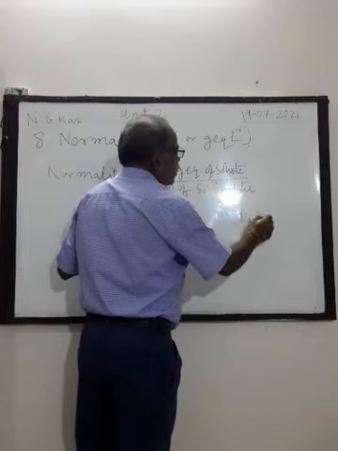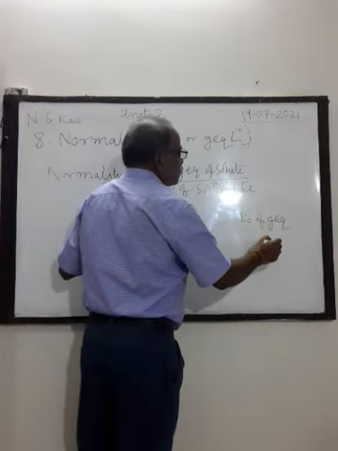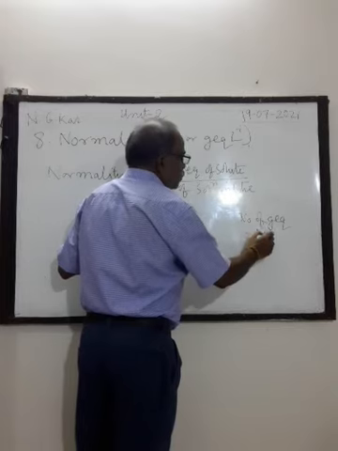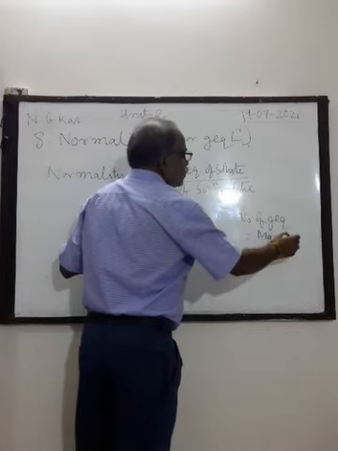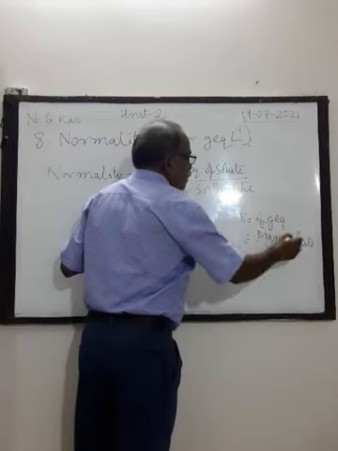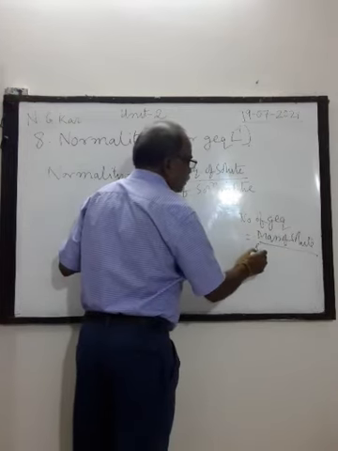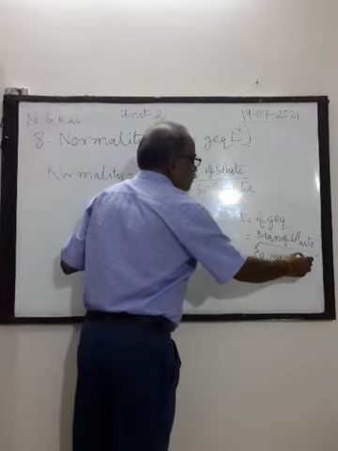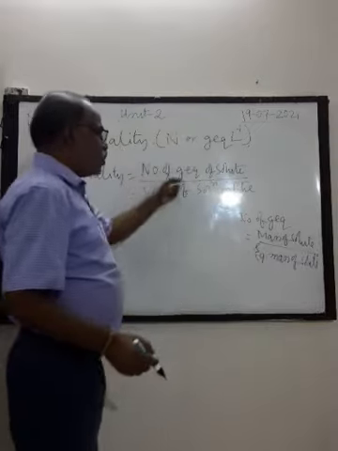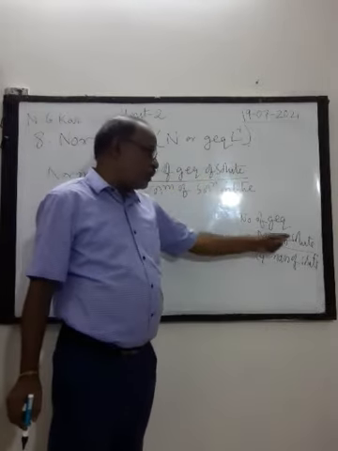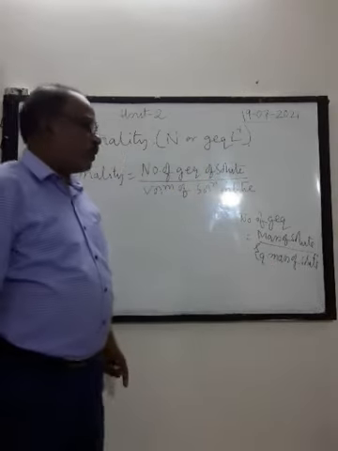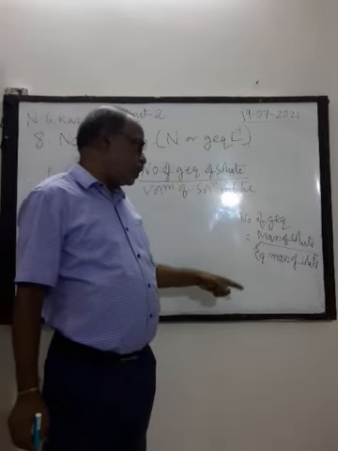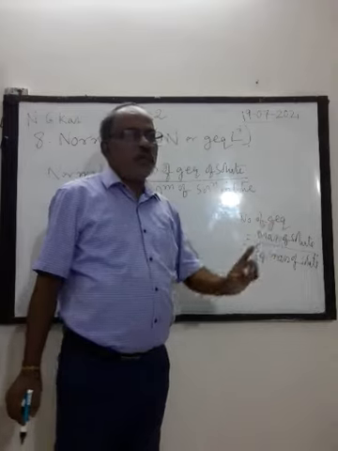Number of gram equivalent equals mass of solute divided by equivalent mass of solute. So number of gram equivalent of solute can be replaced by mass of solute by equivalent mass of solute.